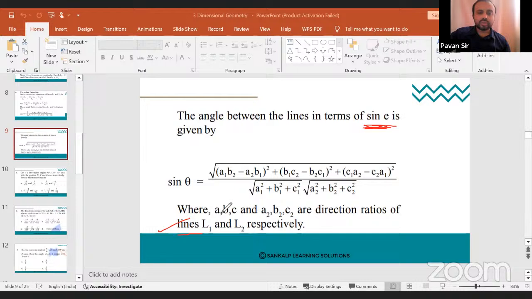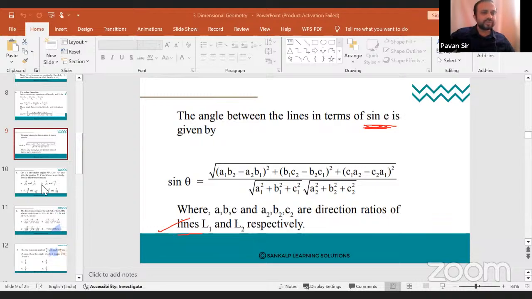Here A1 B1 C1 and A2 B2 C2 are direction ratios, and L1 and L2 are the lines with respect to A1 B1 C1 and A2 B2 C2 respectively. So this is the basic introduction to 3D geometry.